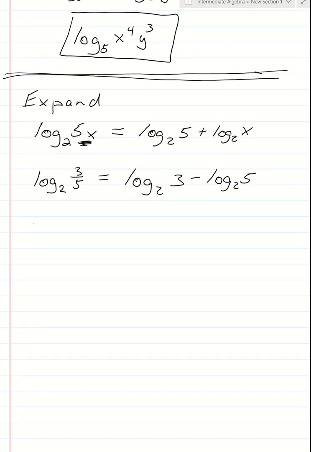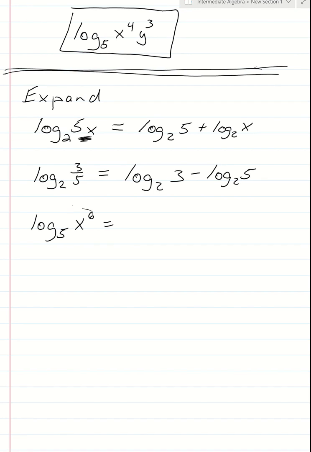If I had, let's say, log base 5 of x to the 6th power, and I want to expand that out, well, according to that fifth property, if there is a power, we can take that power and move it out in front and write it as 6 times the log base 5 of x.